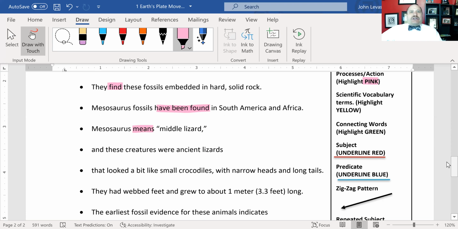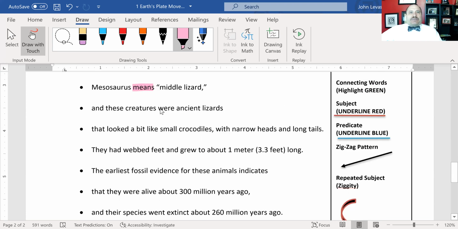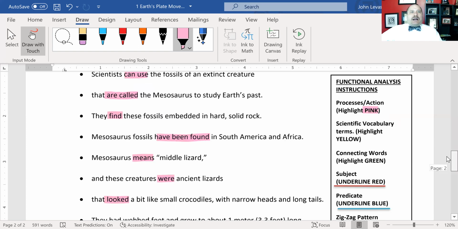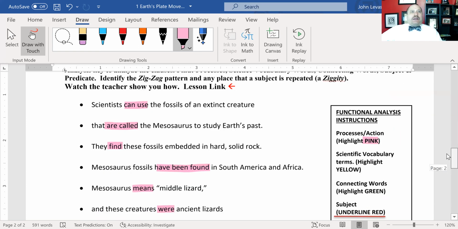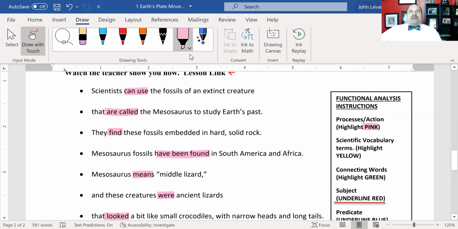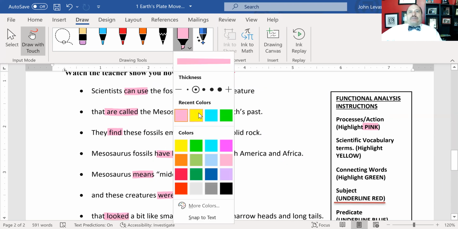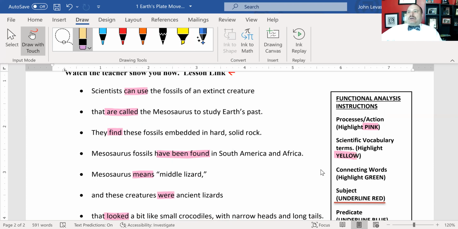And these creatures were ancient lizards that looked a bit like small crocodiles with narrow heads and long tails. I'm going to stop highlighting the processes for a little bit, and I'm going to change to yellow.